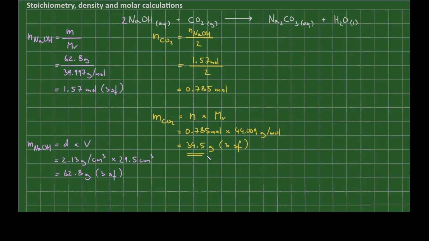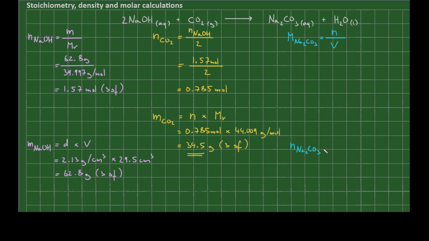Now we need to calculate the molarity of the sodium carbonate. And it will be the number of moles of sodium carbonate divided by the volume of the solution. The number of moles of sodium carbonate will depend on the reaction ratio. From the balanced chemical equation, I can see that for every 2 moles of sodium hydroxide, I will get a single mole of sodium carbonate.